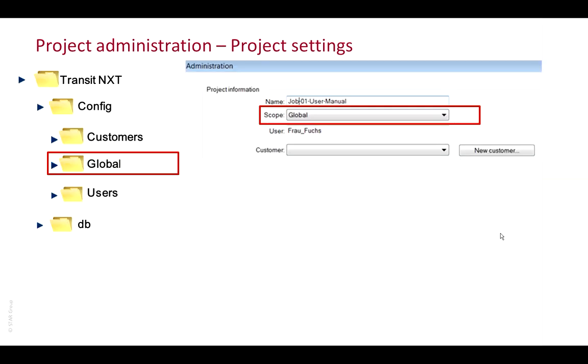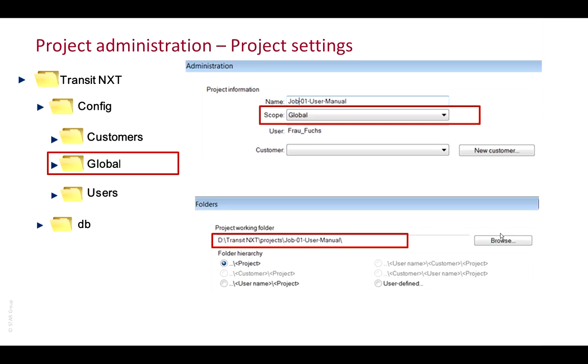After having chosen the scope global, one of the next reference cards is the reference card folders. So according to the scope you chose in the reference card administration, Transit will suggest you a working folder. The working folder has the purpose of receiving the language pairs which are created during import.